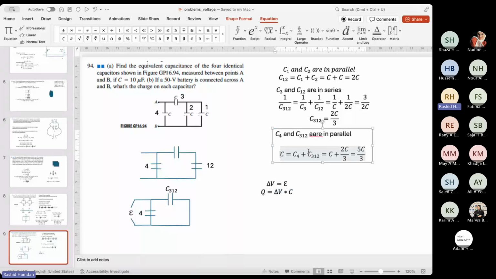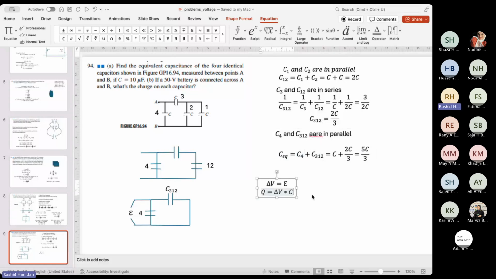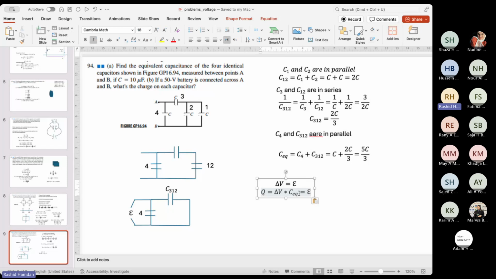So let's call this C equivalent, because I have C which is the one for each of them. So Q equals E times 5 over 3C. So 5EC over 3. So that's the total charge on the equivalent capacitor.